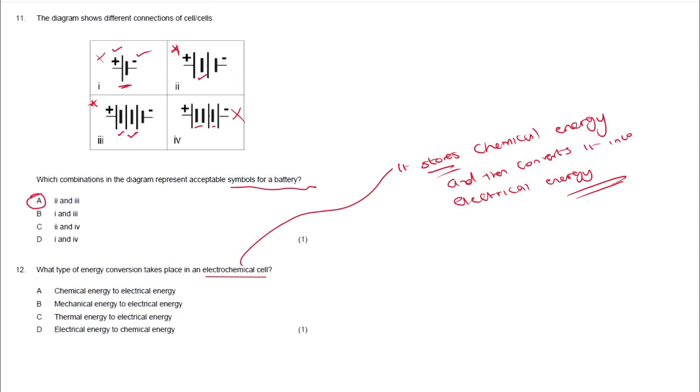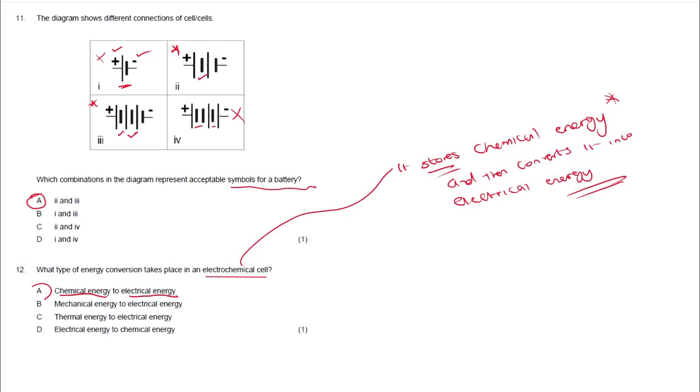Okay, so now we need to find an answer that matches this description or this definition from the options that we are given. We are told, what type of energy conversion takes place in an electrochemical cell? So chemical energy to electrical energy.